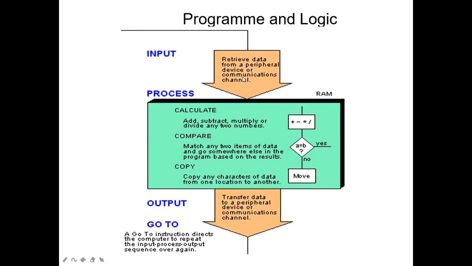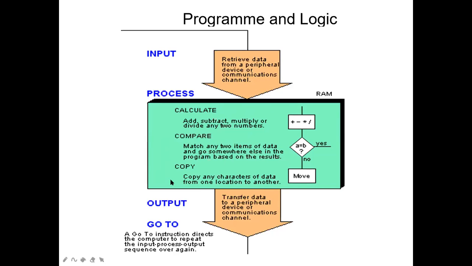Retrieve the data from a peripheral device or communication channel. Here again, the processing is done in RAM. You can add, subtract, multiply or divide any two numbers. We have already performed this practical in class 8th. Compare, match any two items of data, and copy any characters of data from one location to another.